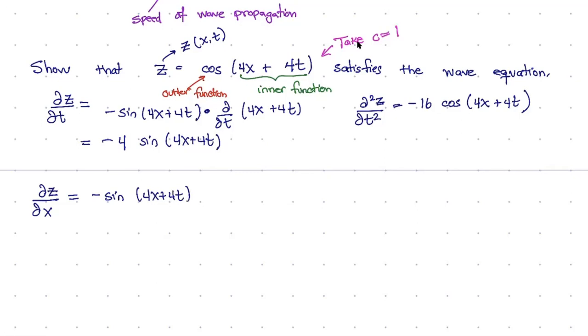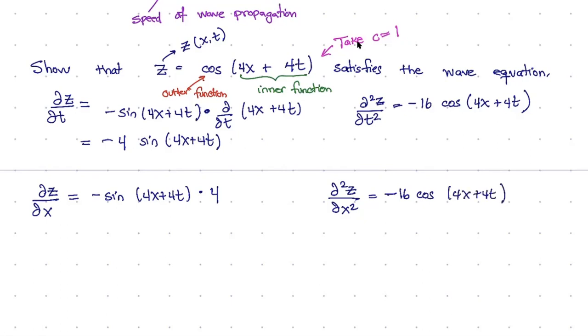And then you would take the derivative of the inner function with respect to x, which means you're holding t constant. So when I take the derivative of this term here, it will be 0, and you will end up with 4. I leave the details to you to fill in for these two, but you should end up again with negative 16 cosine of 4x plus 4t.